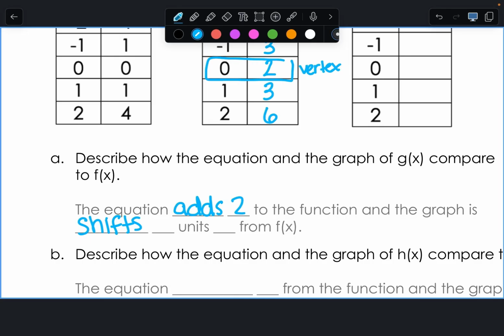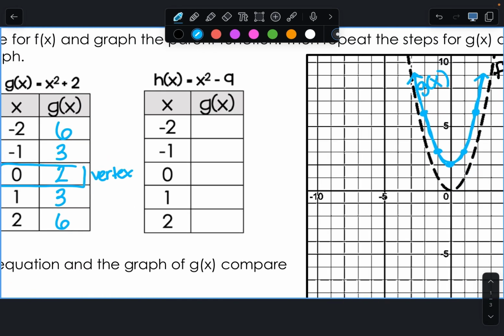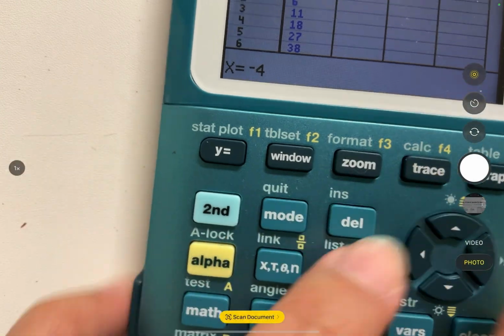Up. It shifts 2 units up from f of x. So in the equation, you have a plus 2, and a plus 2 is going to move my parabola up. What do you think the minus 9 is going to do? Make it go down. So let's put that into our calculator to fill in our points.